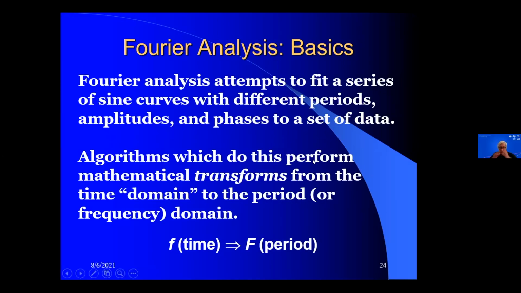In Fourier analysis, the basic is to fit a series of sine curves. Before the break, I gave you an illustration of how a sine curve is fit to the data. Fourier analysis attempts to fit this with different periods, but instead of in the time domain, it first transforms all of this from the time domain into the frequency domain, because historically arithmetic operation in the frequency domain is much easier than in the time domain.